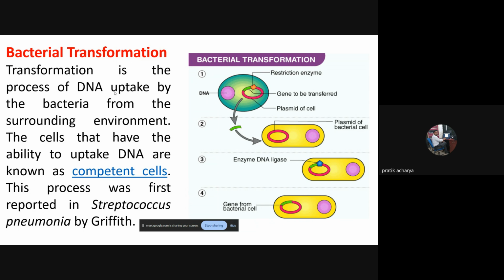What does the Griffith experiment explain? Frederick Griffith explained about Streptococcus pneumoniae, and in his experiment, he showed a very interesting thing.